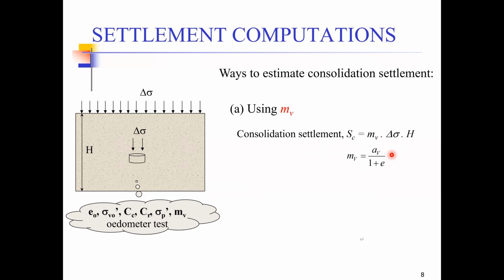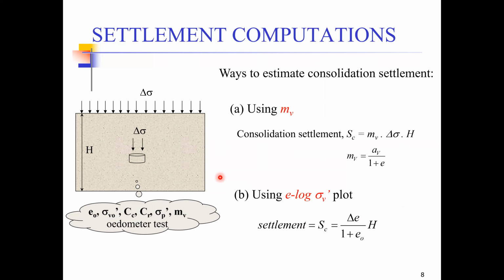In the same way, there is another approach by which we can determine consolidation settlement, and this is by using the E versus log P graph. From this, consolidation settlement equals H times delta E over 1 plus E naught. This is the equation that we derived on the previous slide. These two methods are very frequently used worldwide for the determination of consolidation settlement.